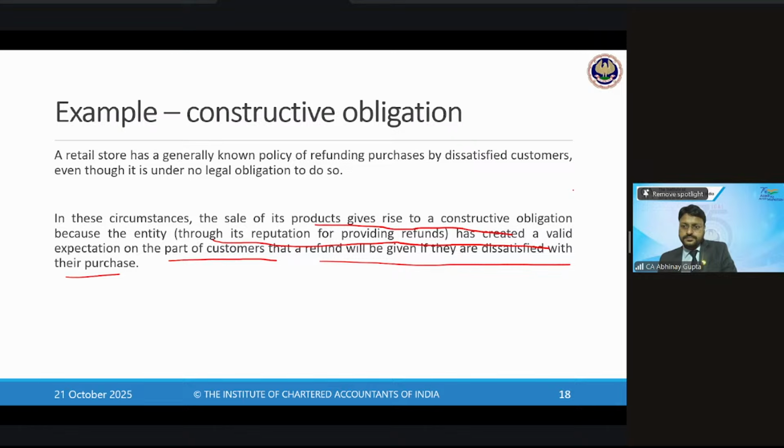Correct? So, although there is no contract whereby the company has agreed to return the money if the customer is not satisfied, they have created a valid expectation by such actions in the past, so this will be regarded as a constructive obligation. Correct?